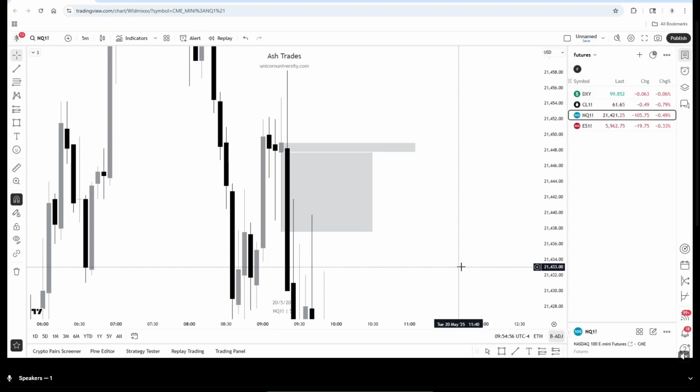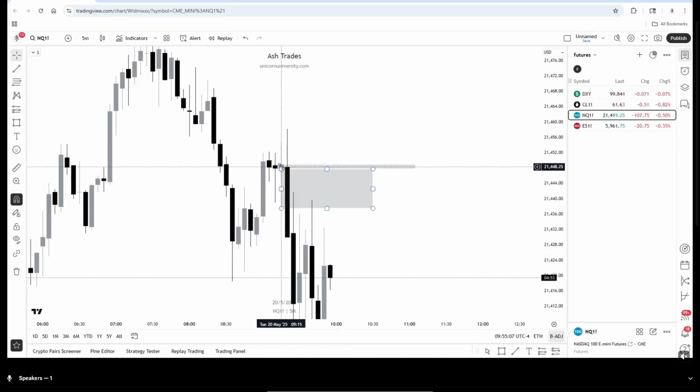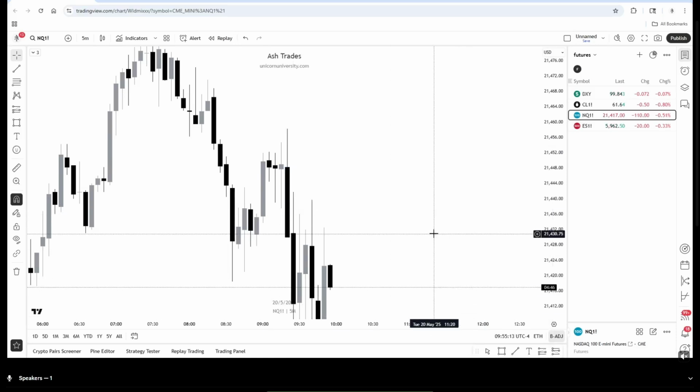So weighing the bodies versus the wick shows orders, right? That's volume right there. This candle holds more volume than this candle here. So weighing the bodies versus the wick is important. And seeing which candle takes liquidity or rebalances the imbalance is the second reason why.